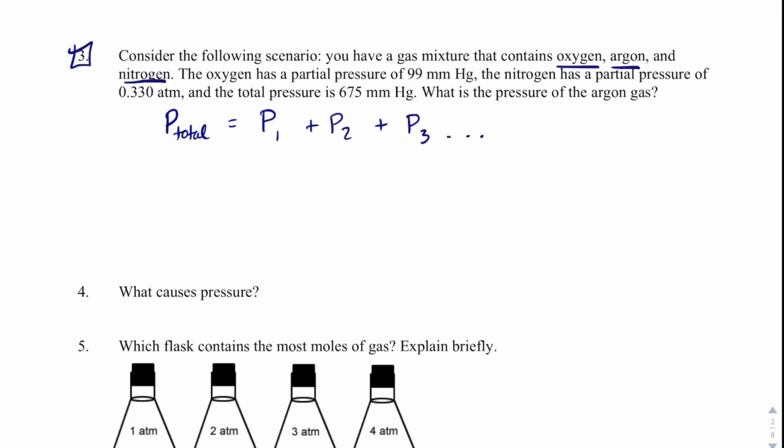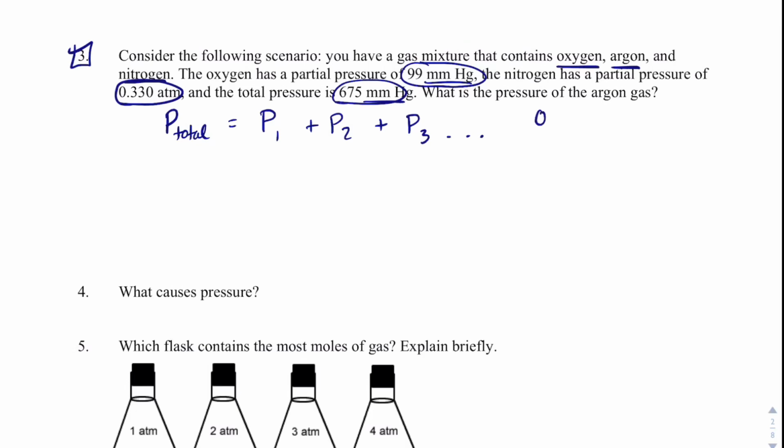So we've got 3 gases, and oxygen has a partial pressure of 99 millimeters of mercury. Nitrogen has 0.33 atmospheres, and the total pressure is 675 millimeters of mercury. The only thing here that I think is a little tricky is that it looks like getting everything to millimeters of mercury would be most helpful to us.